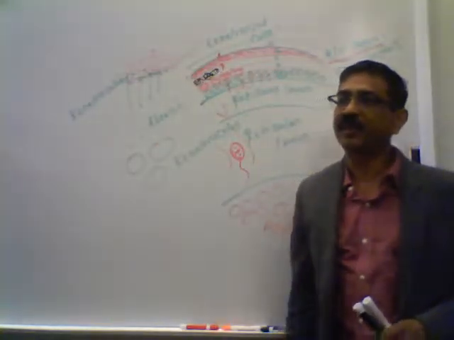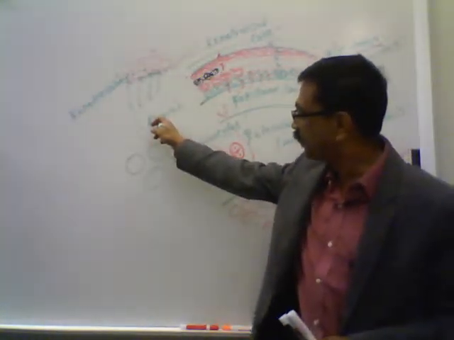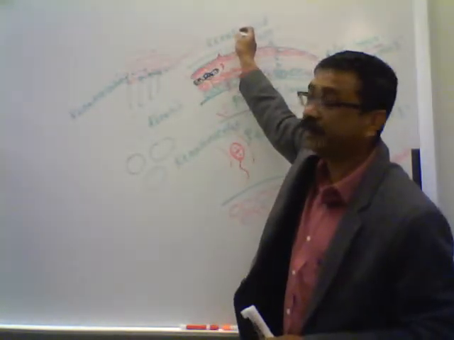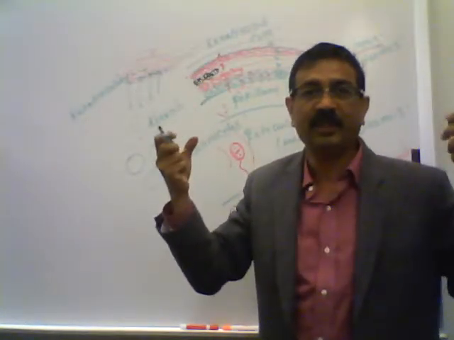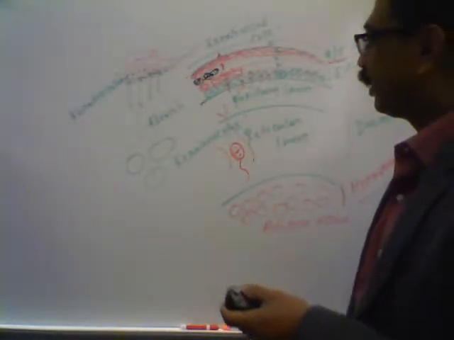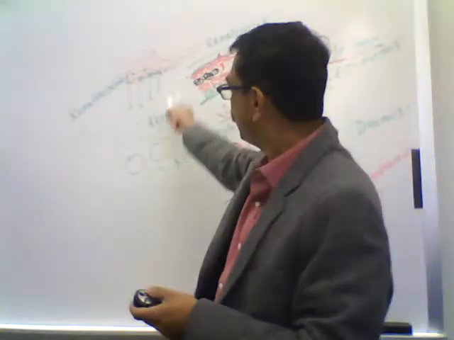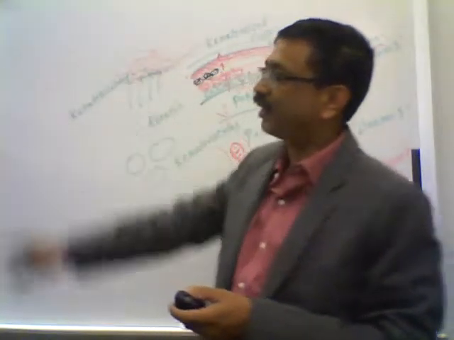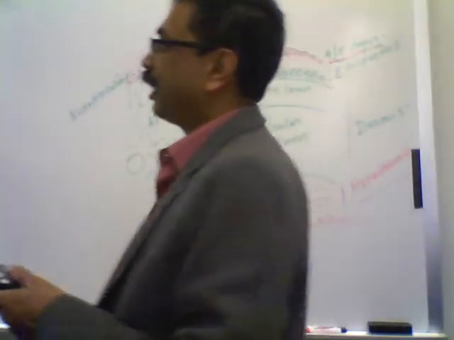Keratinized cells. Okay, so keratinocytes secrete and keratinized cells get filled with keratin. Make sense? Two different types. Keratin producing cells are keratinocytes, keratin receiving cells are keratinized cells. Okay.